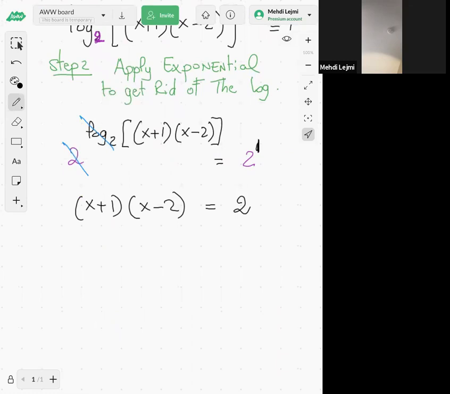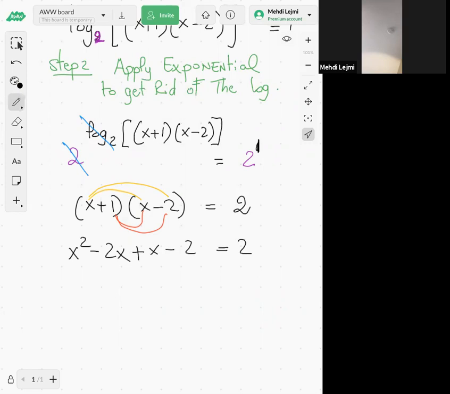You can expand the left hand side. So this is x times x, that will be x squared. You just distribute here. This is x times x, x times negative 2, that's minus 2x, and then plus 1 times x, plus 1x, and then plus 1 times a negative 2. So it's plus 1x, and this negative 2 is equal to 2.